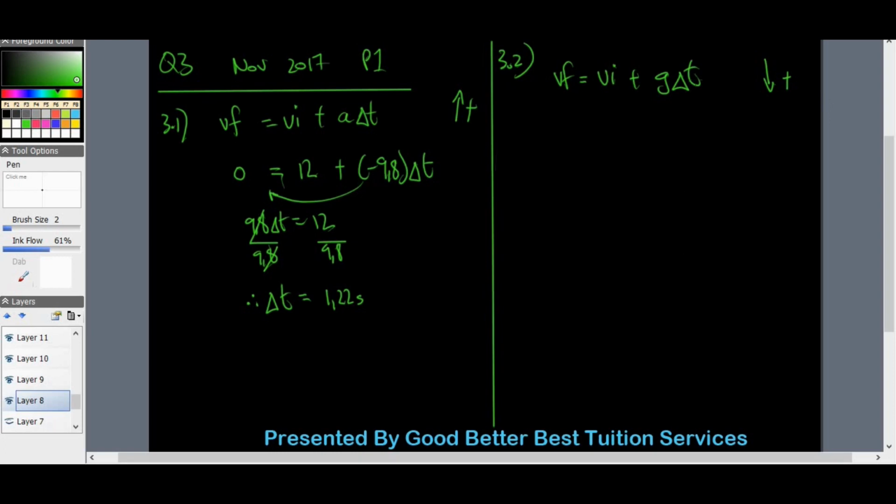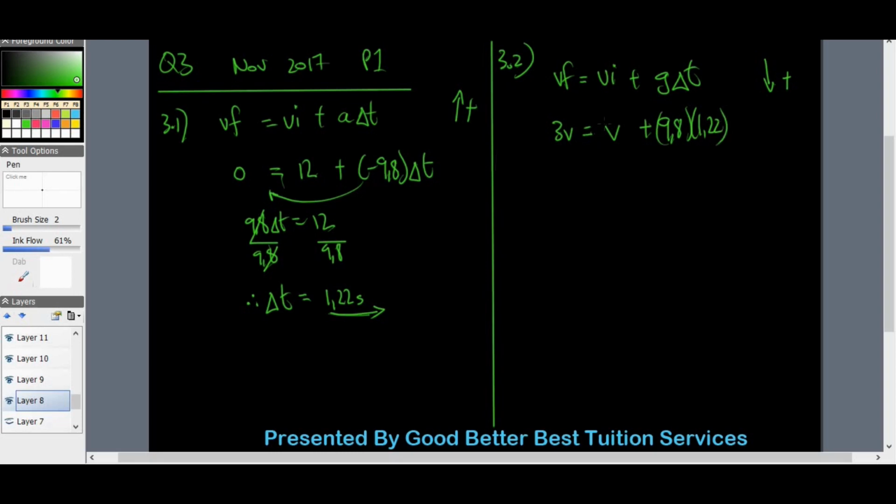So what's our time going to be in this equation? It's going to be equal here, because this is the time that stone A reached its maximum height, but this is also the time it took for the speed of v to get to 3v. So the final velocity should be 3v. Vi should just be v plus 9,8 times 1,22.